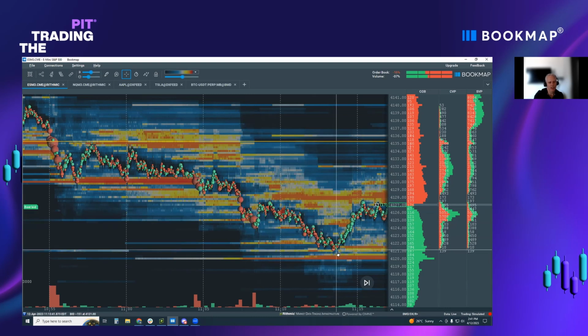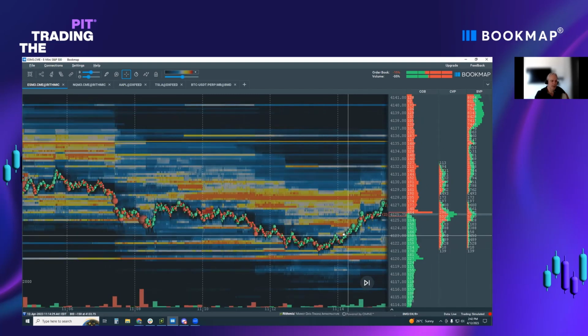However, we're just not finding as many sellers as we were on the drive lower earlier. So we're not finding them anymore. Why is this? Well, one of the reasons might be they're all absorbed by limit buy orders on the bid. And we're just not finding interest for taking this lower.